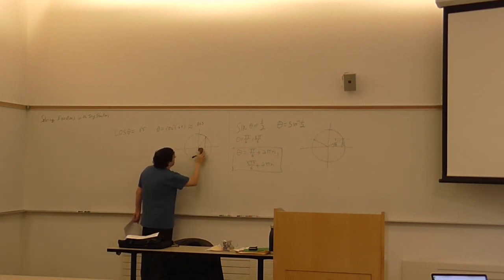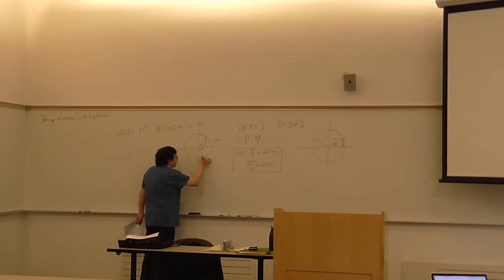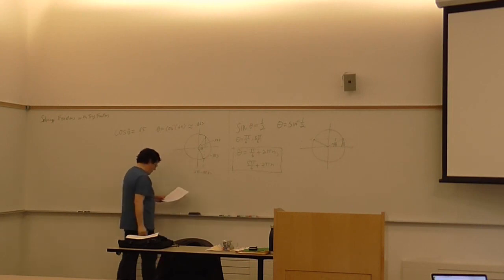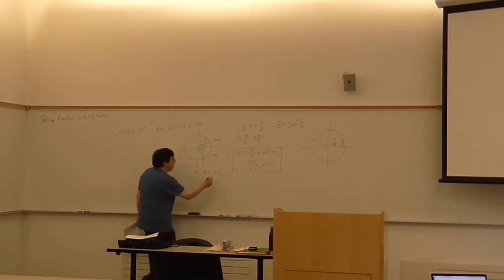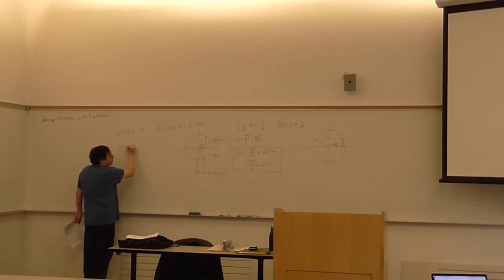Sorry, 0.65 is the cosine. 0.863 is the radian measure of the angle. So we know there's another angle down here. We could look at this as either negative 0.863, or we could look at it as 2 pi minus 0.863, which is about 5.42. So here again, we have our two values, theta equal 0.863 or 5.42.